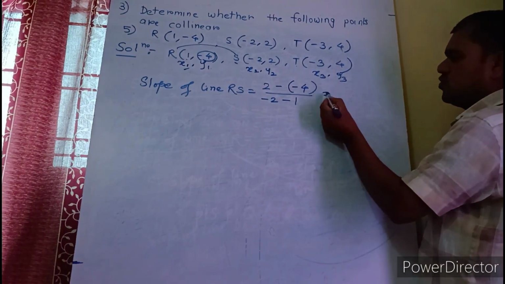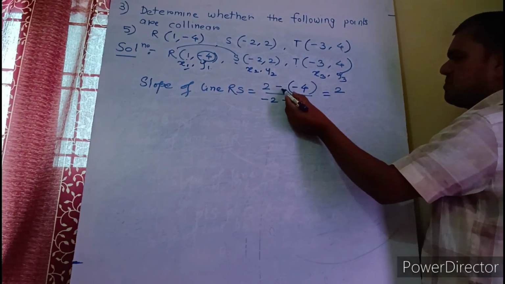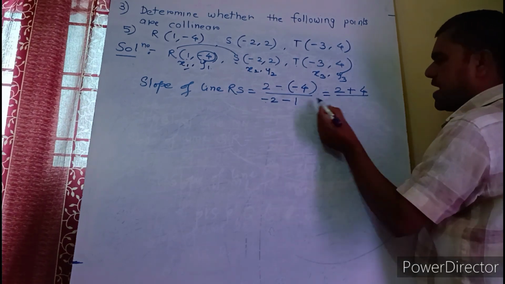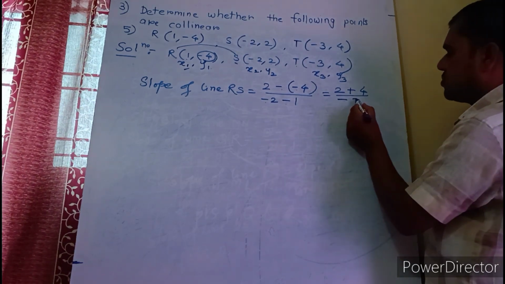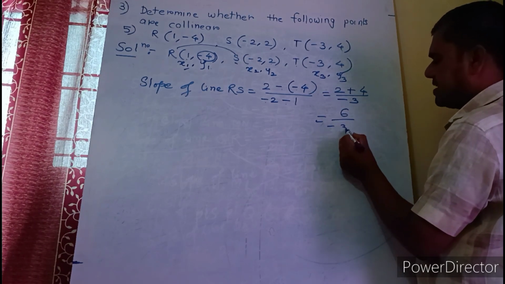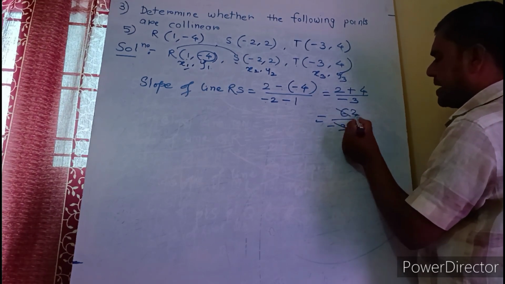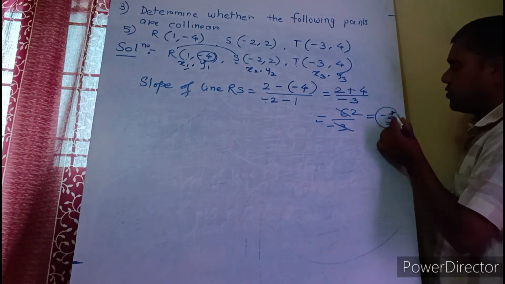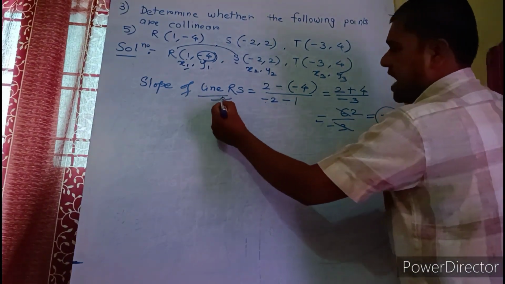On solving this we will get 2 as it is, minus minus plus 4, divided by this minus 2 minus 1, that is minus of 3, equals 2 plus 4, that is 6 divided by minus 3, that is 1 times 2 times, means minus of 2. We get the minus of 2, which is the slope of line RS.